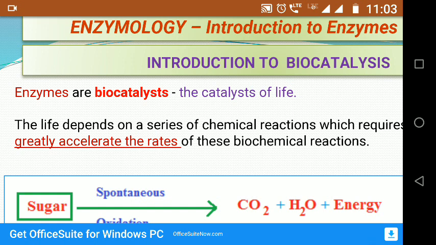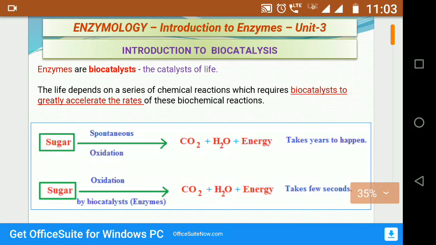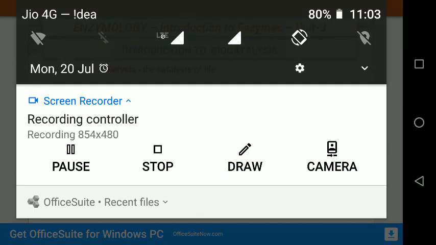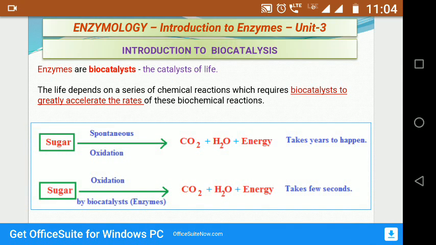Most of you studied what catalysts are in the chemistry subject. So we will start with catalyst, and then we will move into biocatalyst, that is enzyme. The general definition of a catalyst is any substance that increases the rate of a chemical reaction without itself undergoing any permanent chemical change.